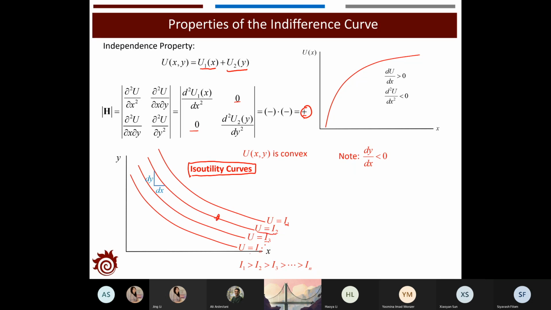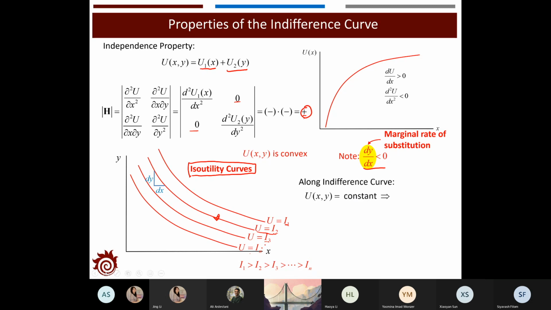It is a convex curve, and you can also observe that the first order derivative between y and x along this curve would be negative. It's a decreasing function, and this represents the marginal rate of substitution, which indicates the change of y with respect to a small change of x.